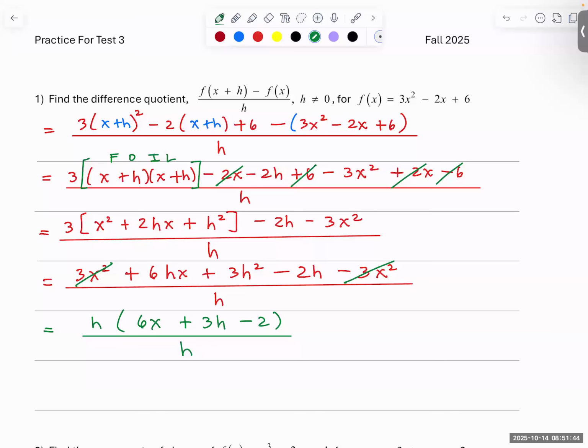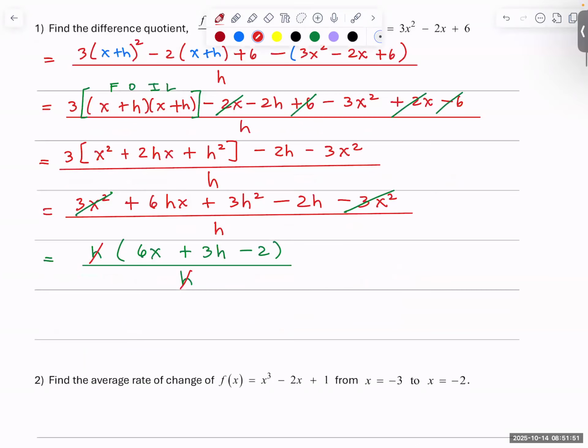Now, h in the numerator as a factor divides and cancels h in the denominator. So the final answer in simplest form is 6 times x plus 3 times h minus 2.